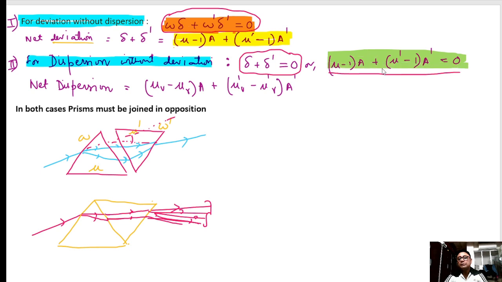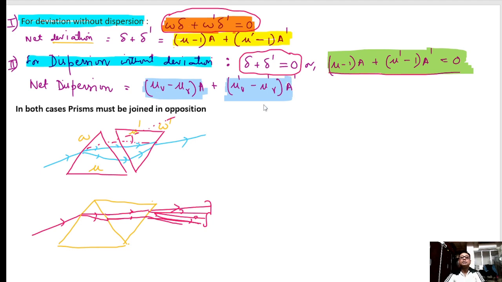Please, we have to keep these in mind because these are very important. No deviations. And net dispersion: this is the dispersion of the first prism, and this is the dispersion due to the second prism.